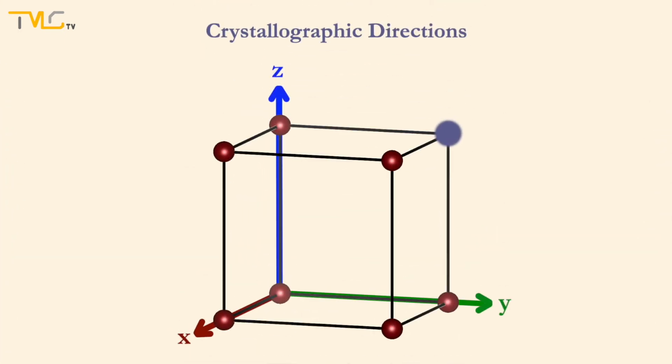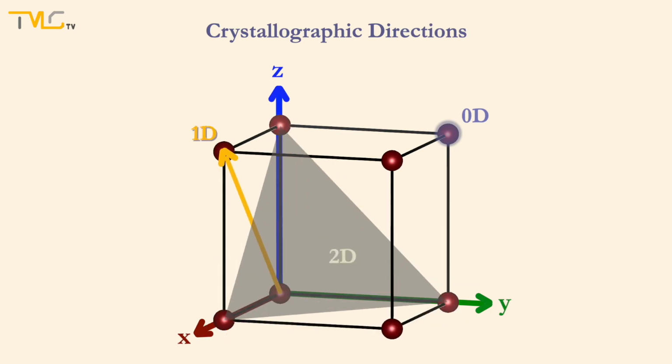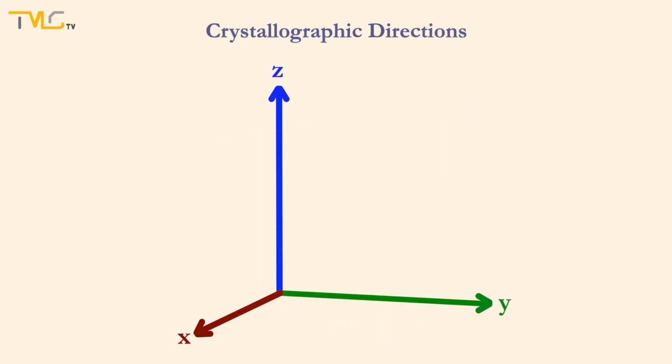In addition to the zero-dimensional point coordinates, there are one-dimensional directions and two-dimensional planes. In order to denote the directions, we use vectors, where we define a beginning and a final point. The vector for the crystallographic directions are defined with respect to the origin point.